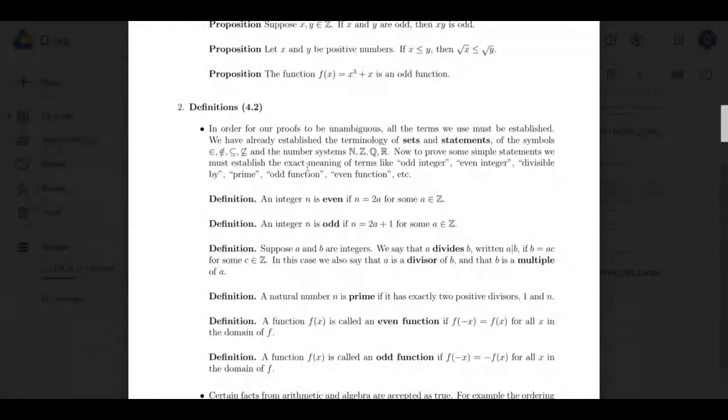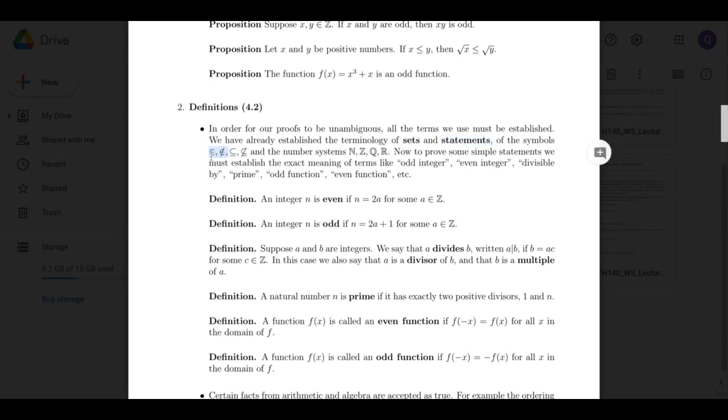In order for our proofs to be unambiguous, all the terms we use must be established. That means we have to make definitions. So we have already established the terminology of sets, lists, statements, and all those symbols.